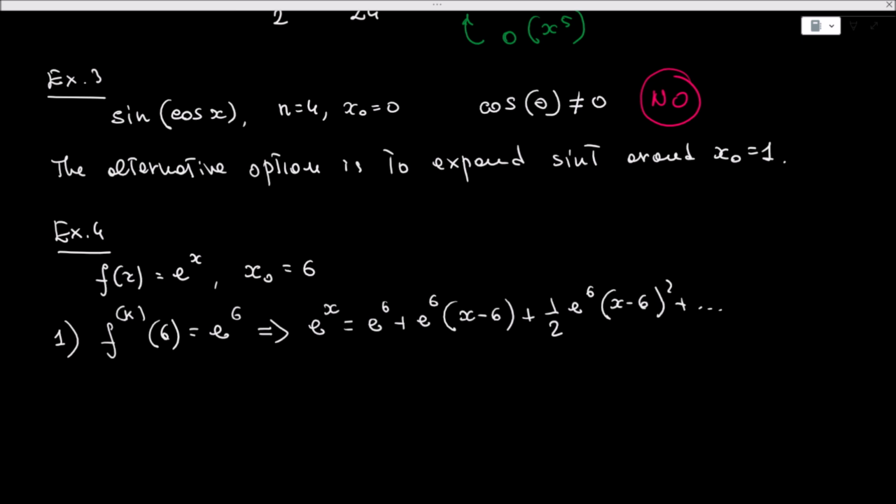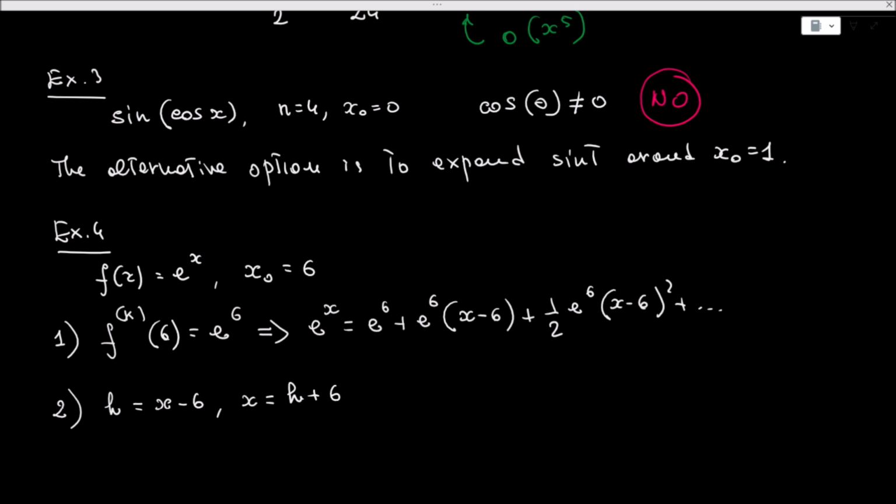So this is the expansion. Now there is another form of this. You remember that we also have introduced the increment h that is defined just as x minus 6. Of course, this implies that x can be expressed as h plus 6.